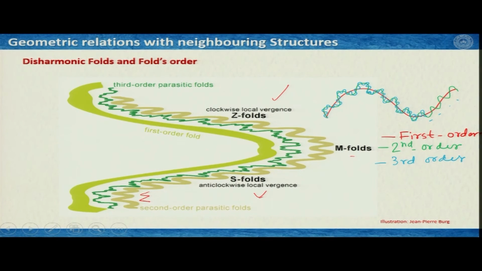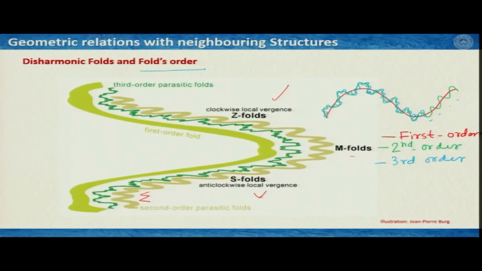And these first order, second order, third order and so on folds can be in harmony or in disharmony. This is how they appear, but in this slide we learn the orders of the fold. So, large fold wavelengths are generally of lower order and small wavelengths are generally of higher orders of folds.